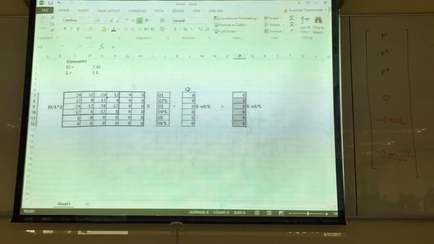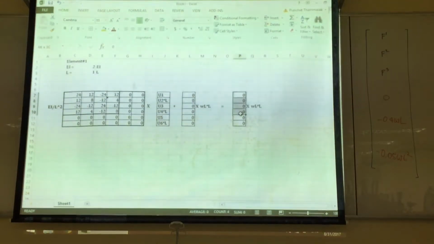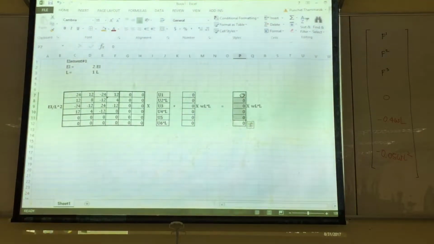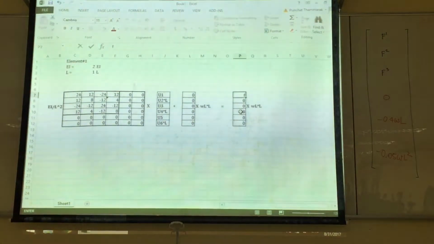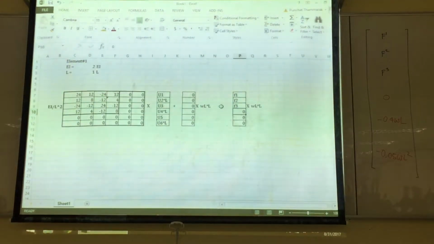Okay. You don't have external force applied. Okay, you have the F1, F2, F3, support reactions. Okay, over here on this side you have what?